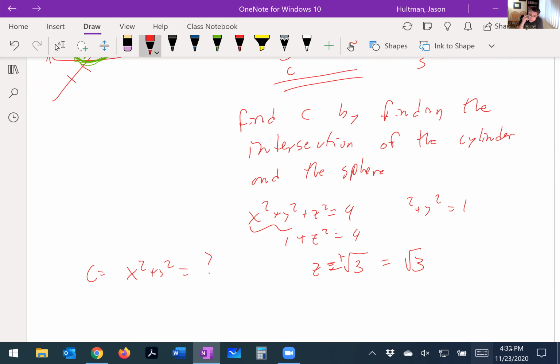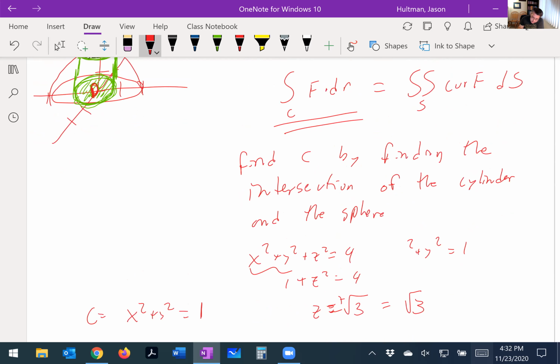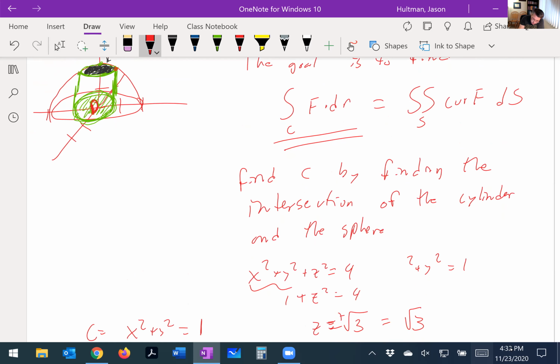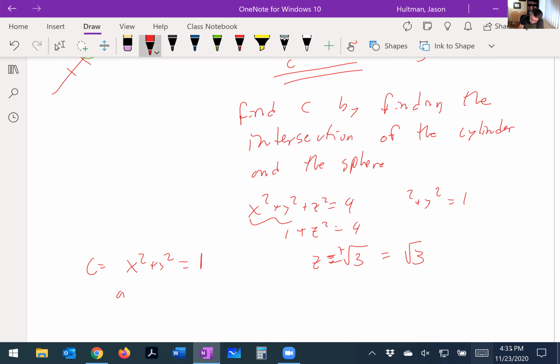Equals what though? Well, it equals 1, because it's a cylinder, it's always going to equal 1. And that's at z equals radical 3.